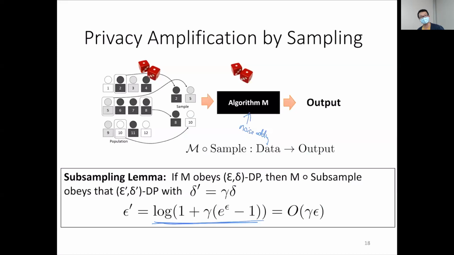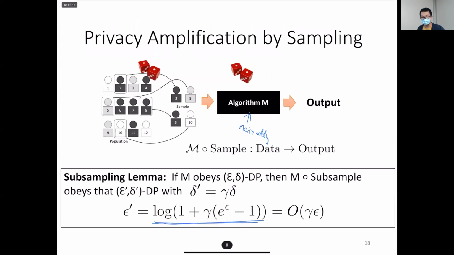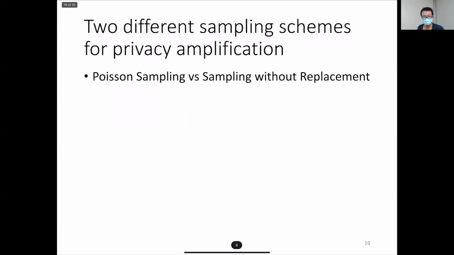With appropriate scaling, I can make it an unbiased estimator of the original gradient. So there are some subtleties here on how people practically implement this algorithm. Specifically, there are two different sampling schemes that both give you the same privacy amplification by sampling result, stated exactly the same. They are Poisson sampling and sampling without replacement.